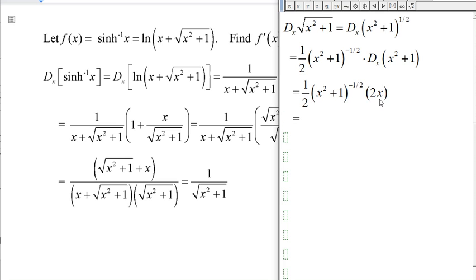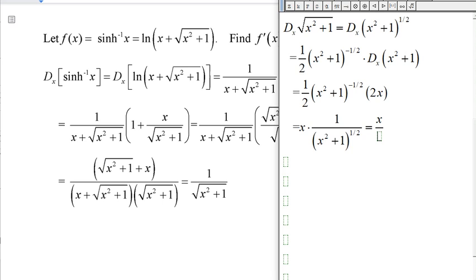1/2 times 2x, which is x. And then we'll go ahead and rewrite this right here as 1 over x squared plus 1 to the 1/2. So we get x.